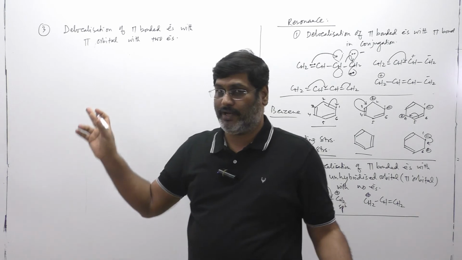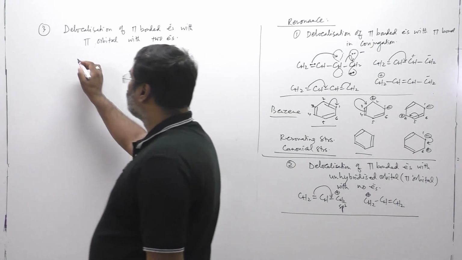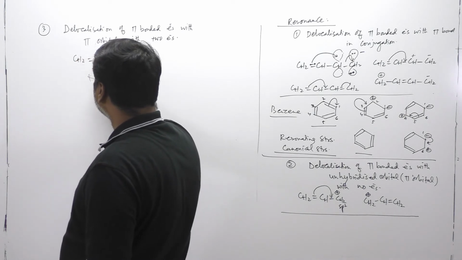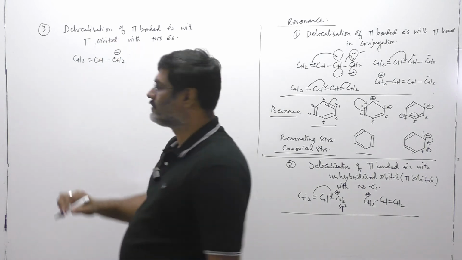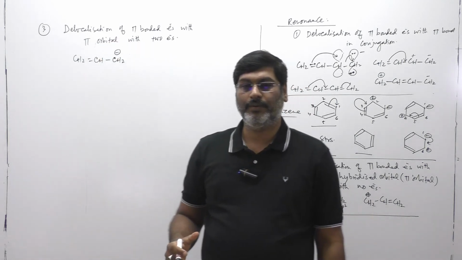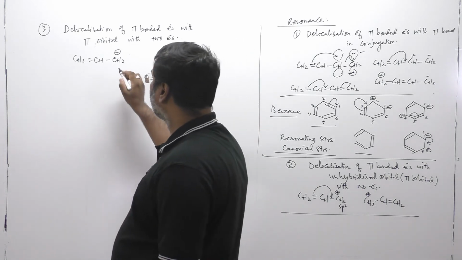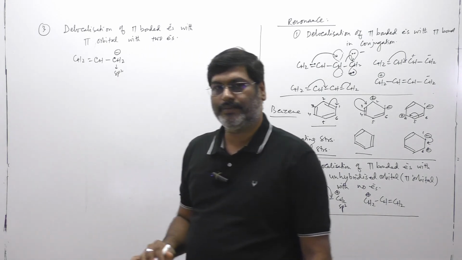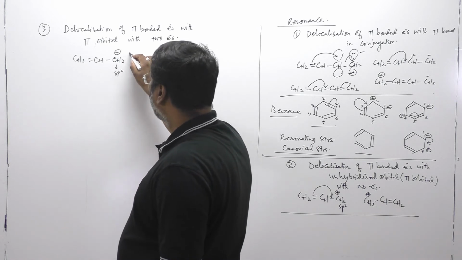Pi orbital, already I told you, unhybridized orbital. So CH2 double bond CH2 minus. We discussed a lot. This will help you a lot. Its hybridization is sp2. Today only we discussed. So this electron pair is there, this is also pi electrons.